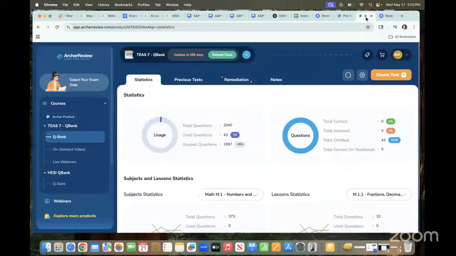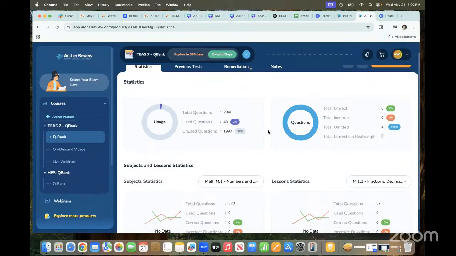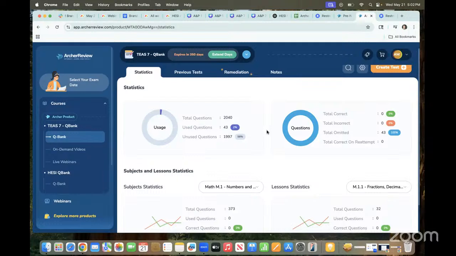So when you go to a new tab, just type in www.archerreview.com, go ahead and sign up for a student account, and this is where it would take you. This is known as the student dashboard. Now, if you sign up for that 24-hour free demo, you would have access to our QBank. In our QBank, you've got over 2,000 questions, and it keeps track of the questions you get right, the questions you get incorrect, and how many questions you've gone through out of the total.